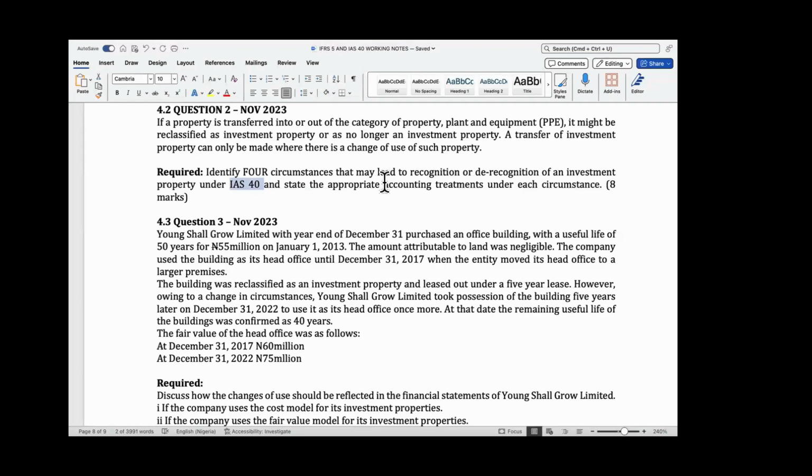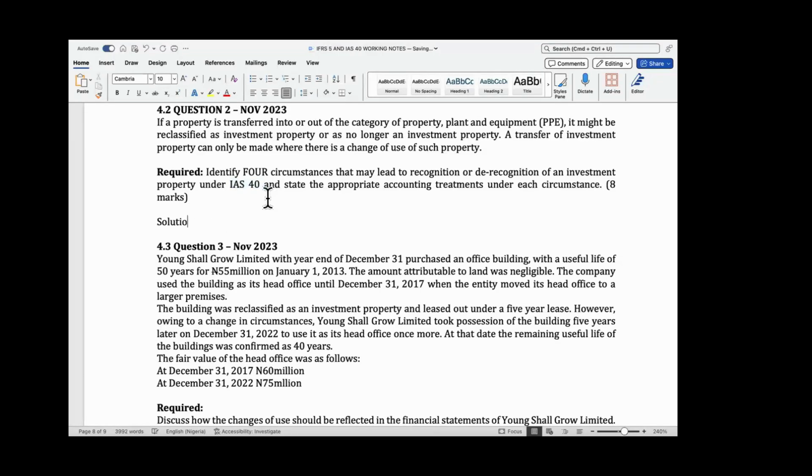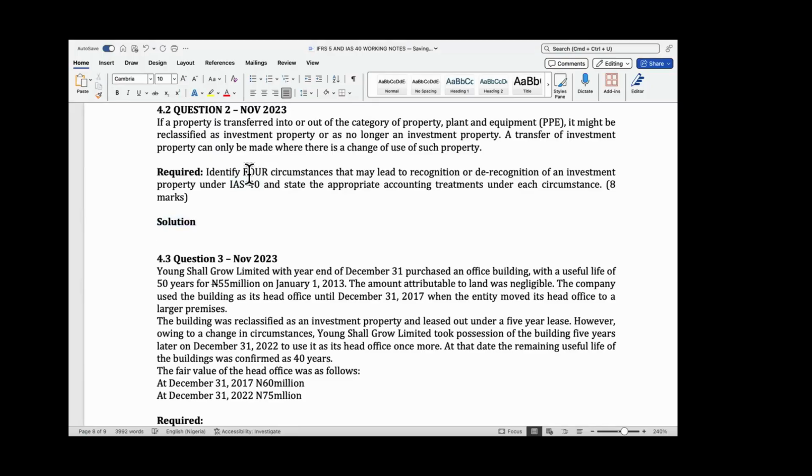Okay, fantastic. Now, if you look at this question, it's similar to what I just finished explaining to you. We're told to identify 4 circumstances that may lead to recognition or derecognition. So if I can get 2 circumstances for recognition and 2 for derecognition, I would get 4 marks. Then also stating the appropriate accounting treatments, I will get an additional 4 marks.